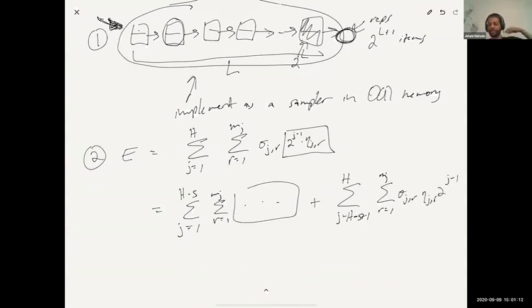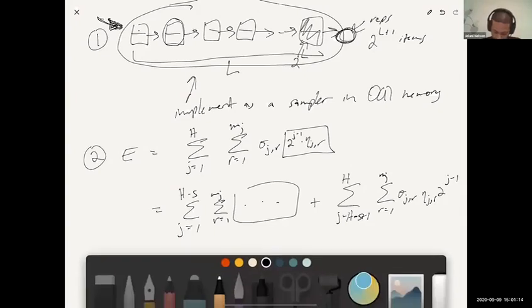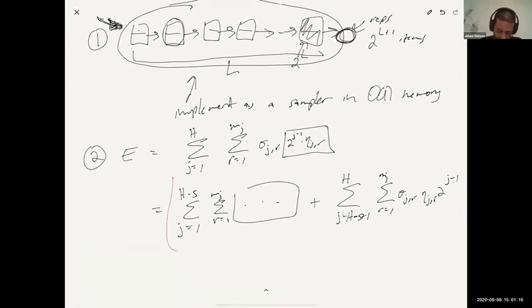So they break the sum into two parts. And then they say, let's bound the error from this part using Khinchin, which you've already seen.